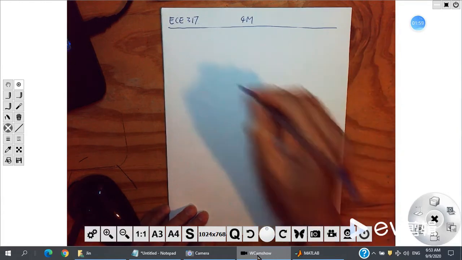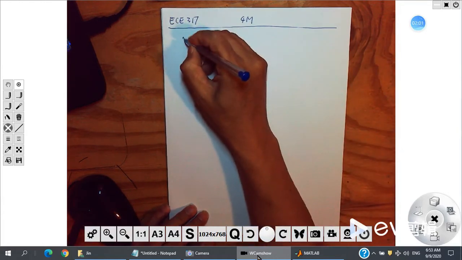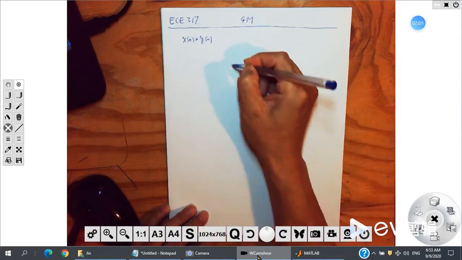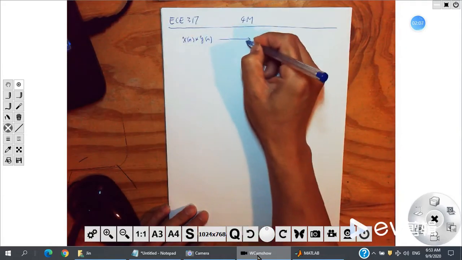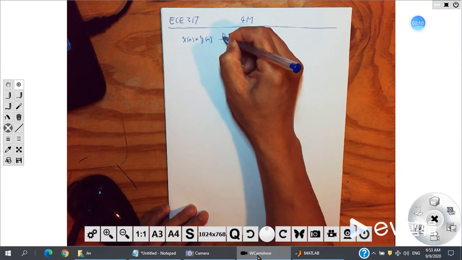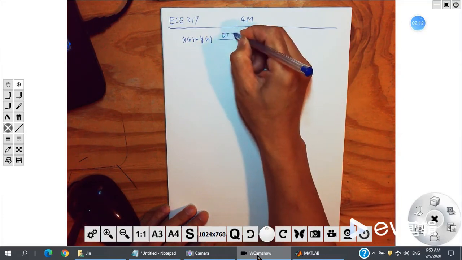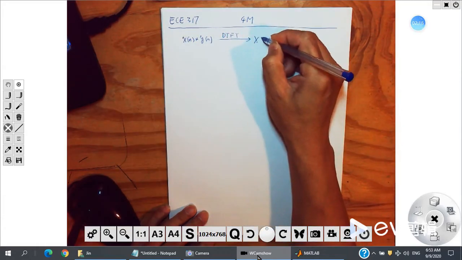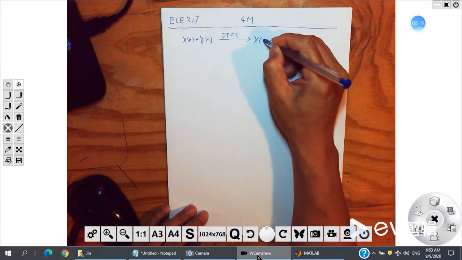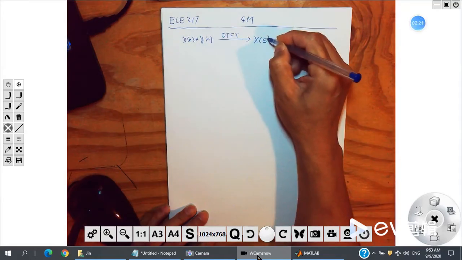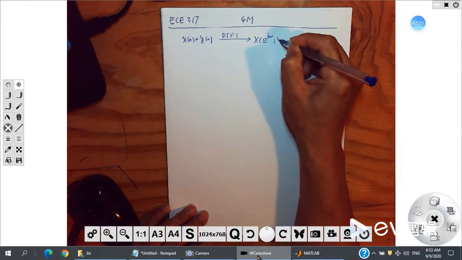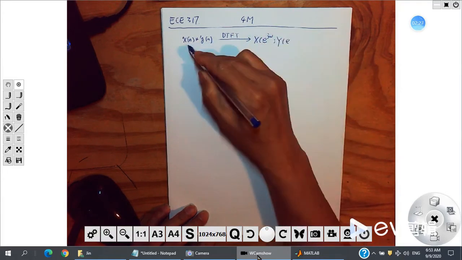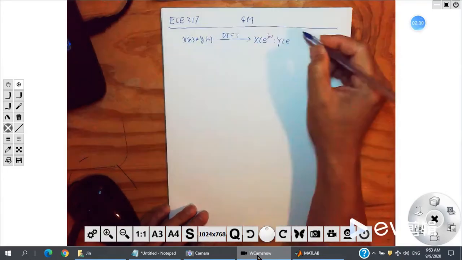We consider the convolution of two signals. We perform the Fourier transform, discrete time Fourier transform, DTFT. Then we have a multiplication of capital X and capital Y. These capital X and capital Y are the Fourier transforms of the signals lowercase x and lowercase y, right?